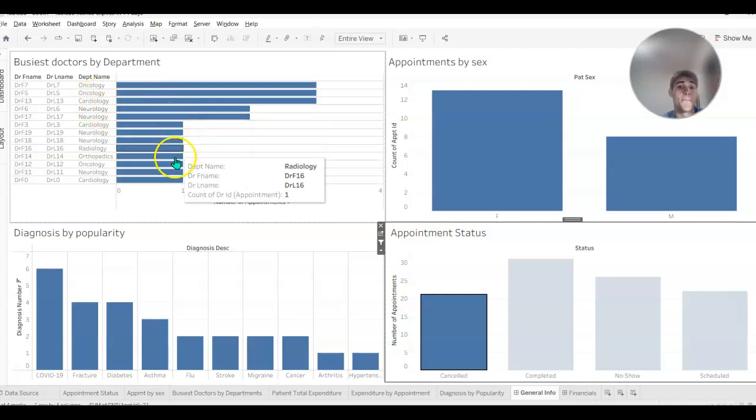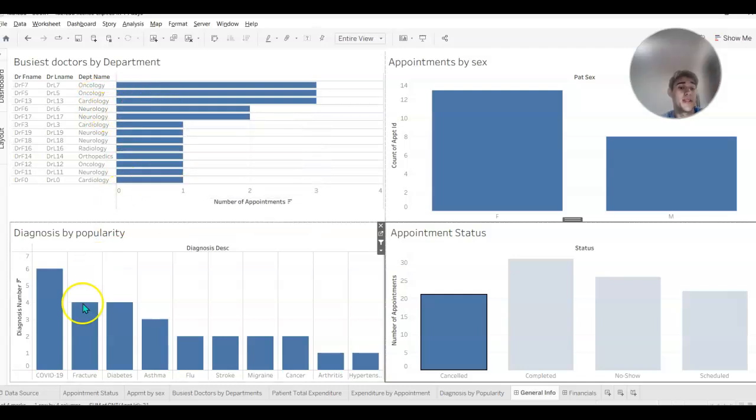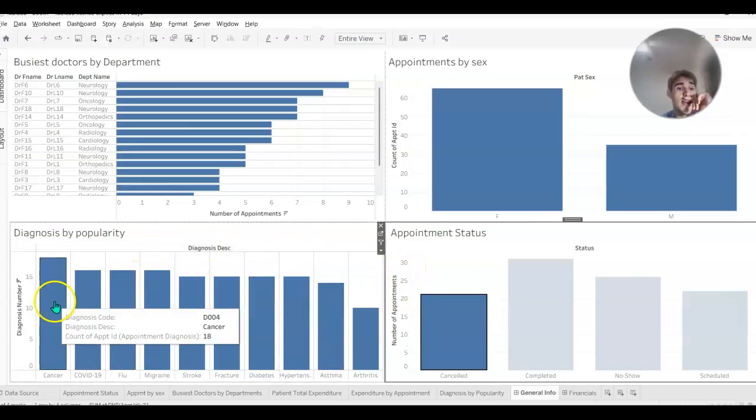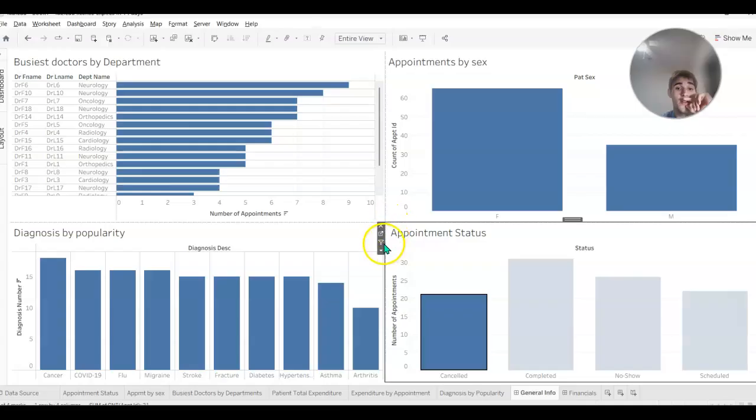So it's coming from different departments, but the most popular diagnosis from these canceled appointments is COVID-19. So that's something that the person that runs the hospital can ask themselves to know how they can minimize those cancellations. You can also come here and see that cancer is the most popular diagnosis.